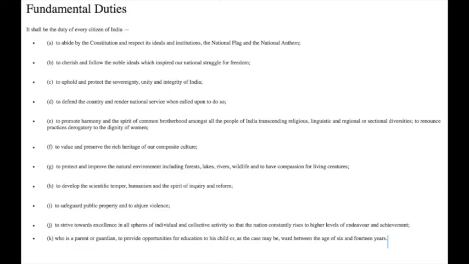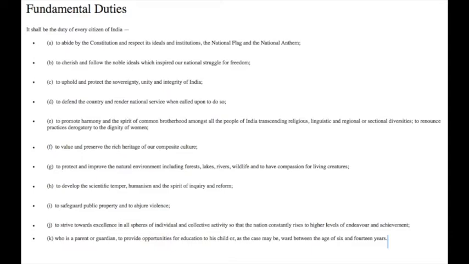All are equal amongst all the people of India, transcending religious, linguistic, regional and sectional diversities. First, accept all citizens as human beings; other things come later. To renounce practices derogatory to the dignity of women, to give up practices which degrade women.